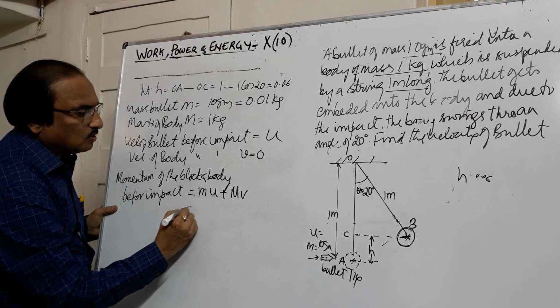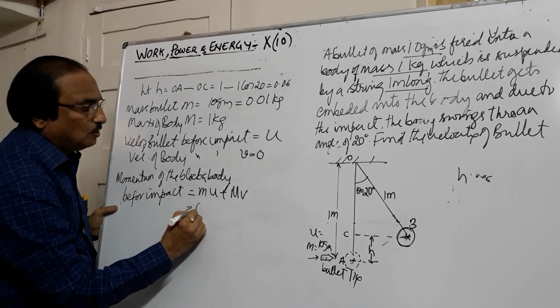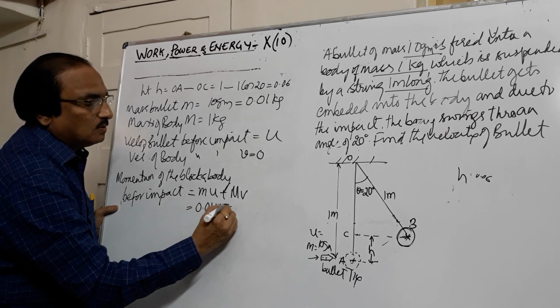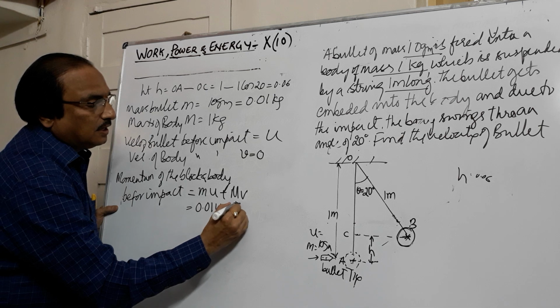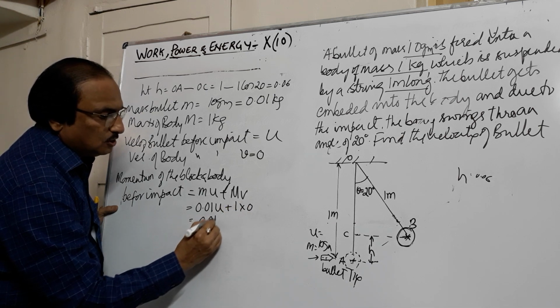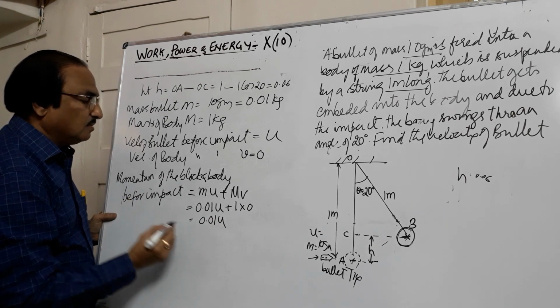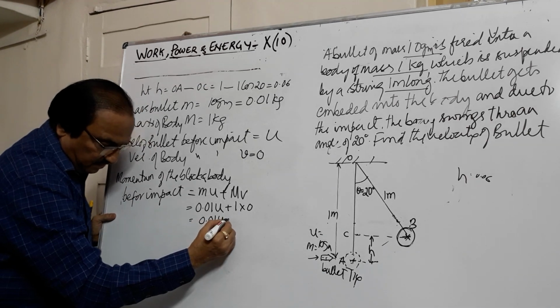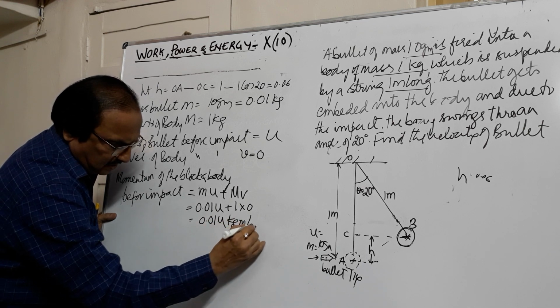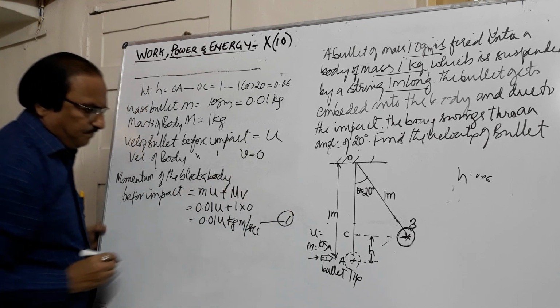So this will be equal to the mass of the bullet 0.01 into the initial velocity u, plus 1 into the initial velocity 0, so this will be equal to 0.01 u. So this is the momentum before impact, in kg meter per second. Let us call this relation 1.